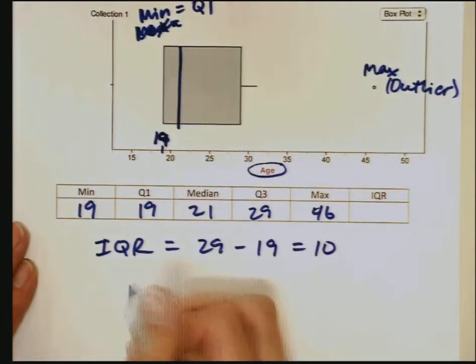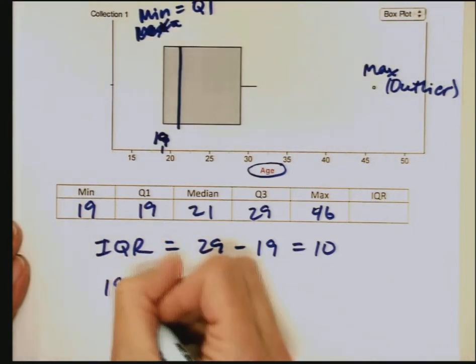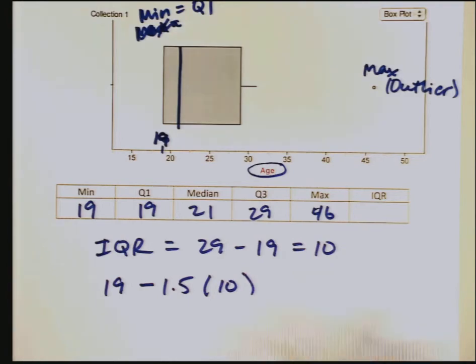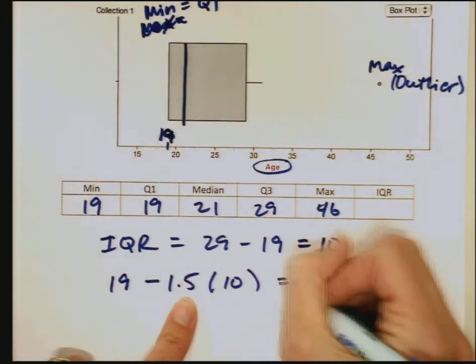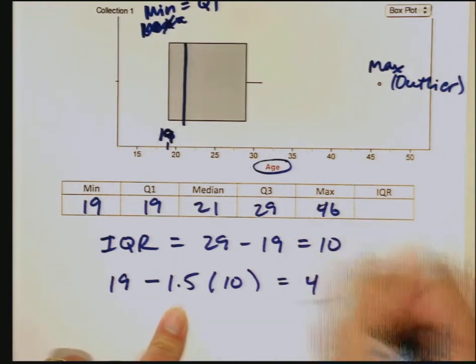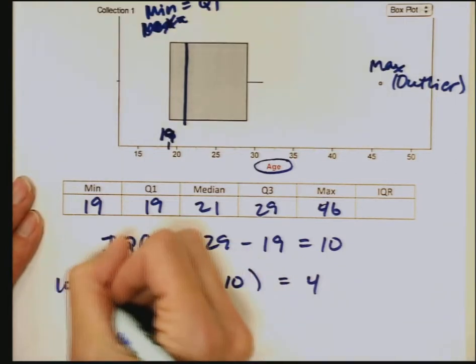To find the boundaries for the outliers, I would take quartile 1, which is 19, minus 1.5 times 10. So that'd be 19 minus 15, right? That'd be 4. There are no students who are less than 4 years old in my class. So this would be the lower boundary.